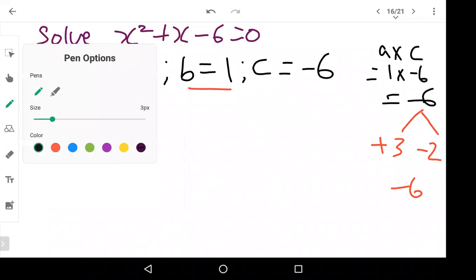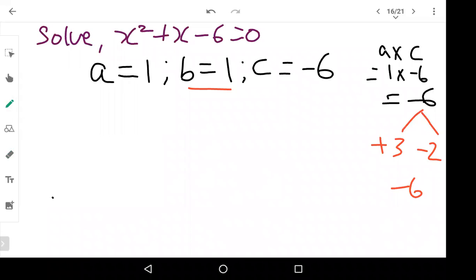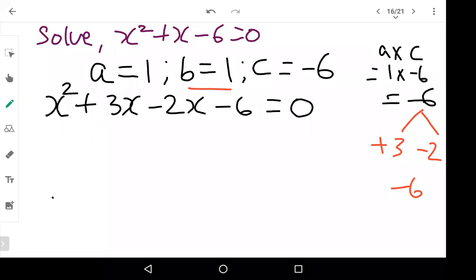Now, in the next step, we will rewrite the equation: x square plus 3x minus 2x minus 6 is equal to 0. Good. Many of them have got the answers. So now what can I take as common? I can take x as common. So I get x plus 3 as the remaining.